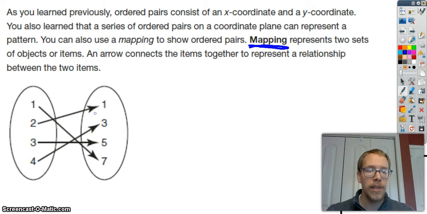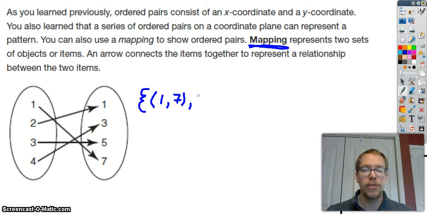So for instance, here we have a mapping between the set of numbers 1, 2, 3, and 4 and the set of numbers 1, 3, 5, and 7. If we were to write out the mapping of those two sets as ordered pairs, we would write out 1, 7. We would write out 2, 1. We would have 3, 5.